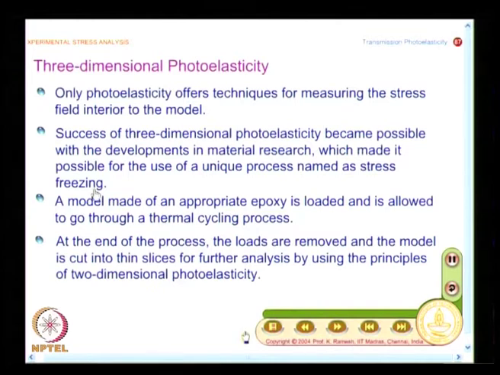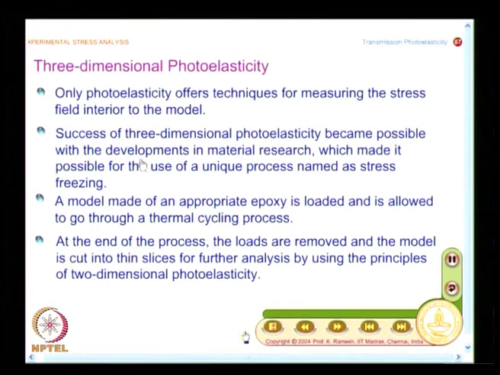I have also mentioned that many developments in engineering are because of advancements in material research. So, you had developed epoxies and they exhibited a nice property. When I go through a thermal cycling, the stresses get locked into it. So, it is material research which has contributed to the development of stress freezing.